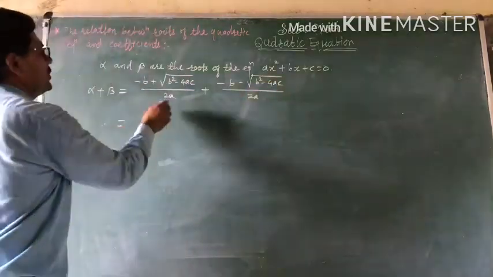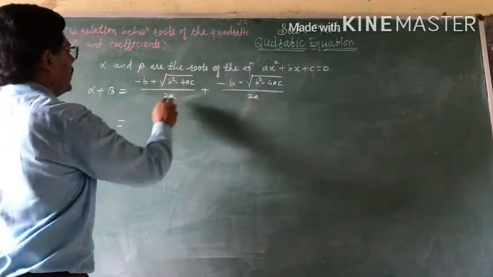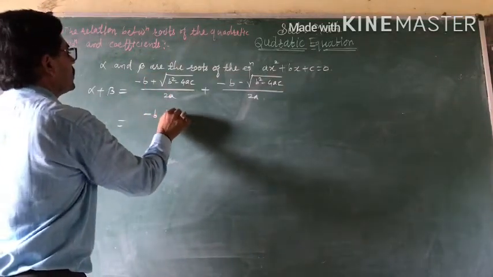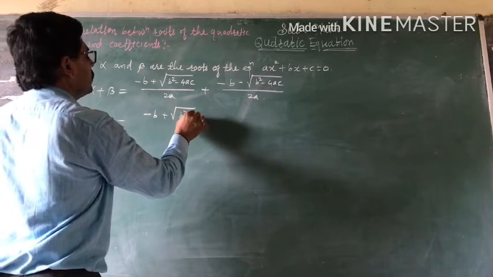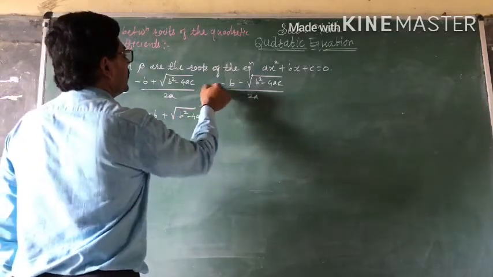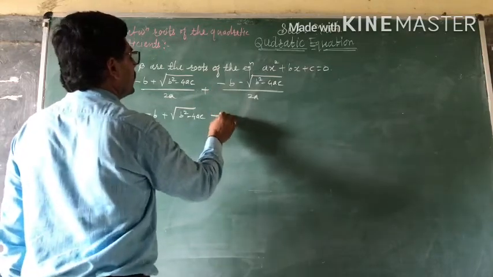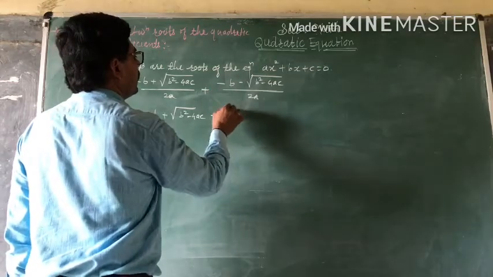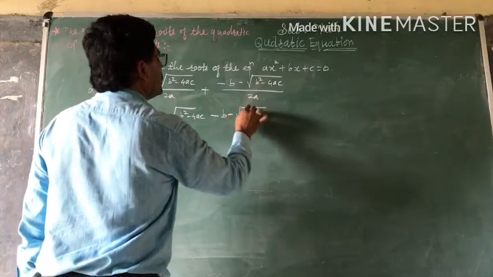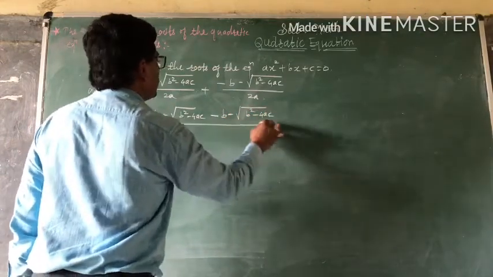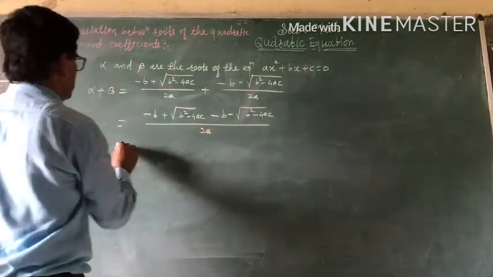The denominators are the same, therefore adding the numerators directly: -b + √(b² - 4ac) plus -b - √(b² - 4ac), divided by 2a.